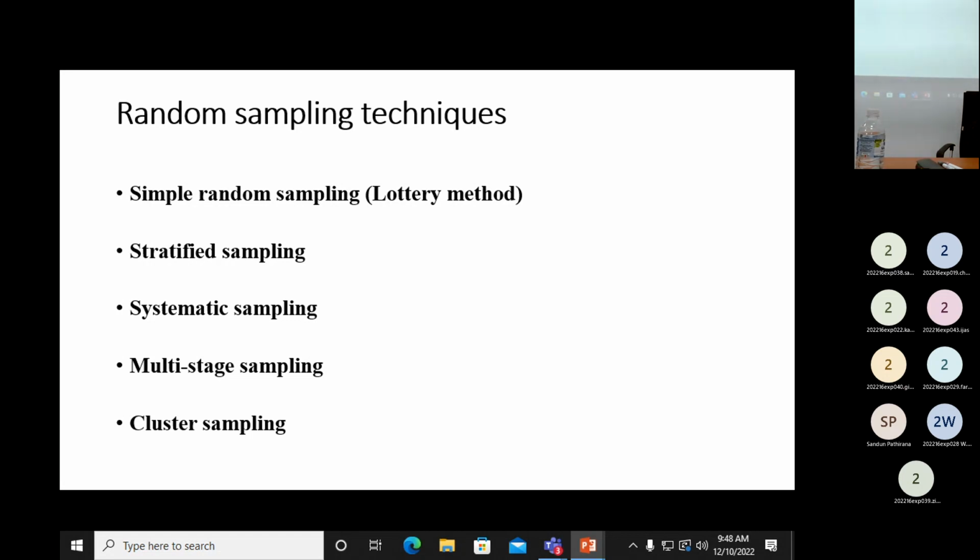Some example I give. If you want one more stage, you can follow. Stage 3, decide divisions of selected districts.